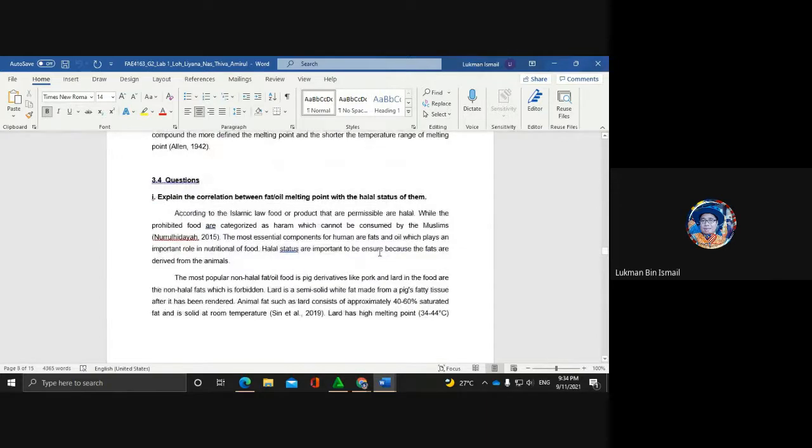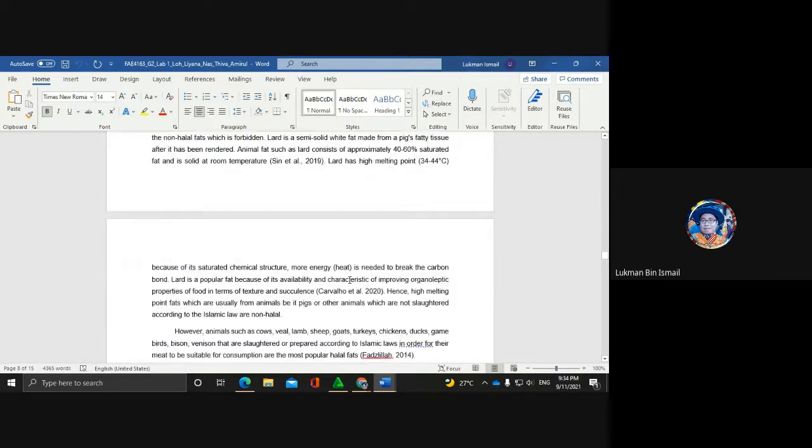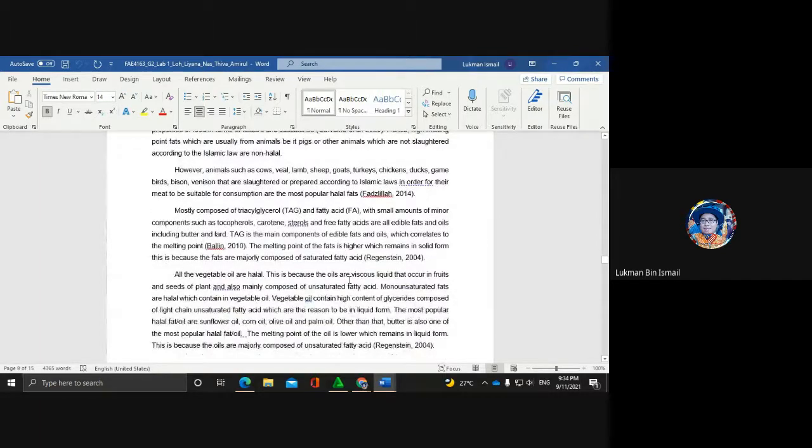It's not being explained. So you don't understand the question very much, and then you don't answer it accurately. There's no example of melting point for vegetable oil.